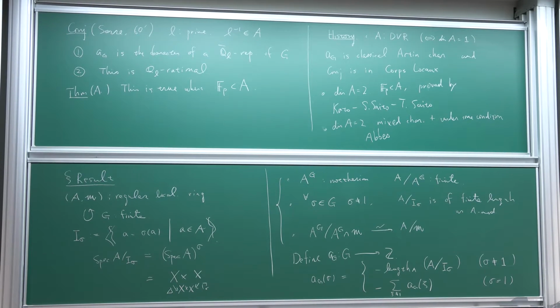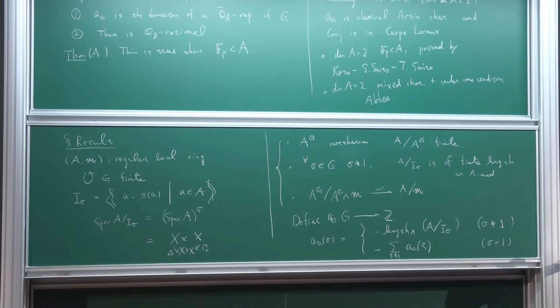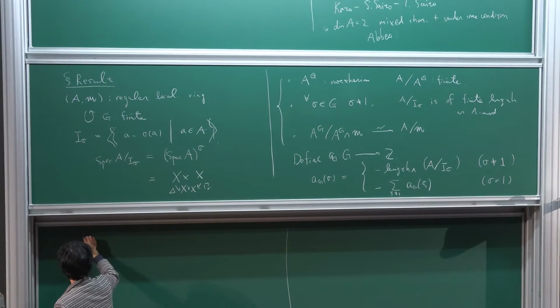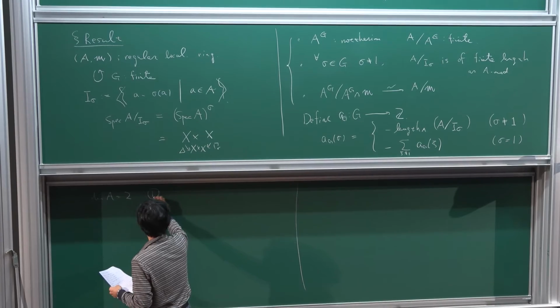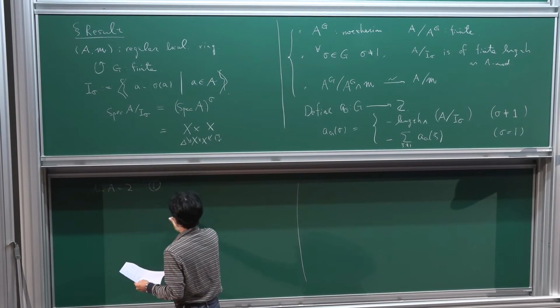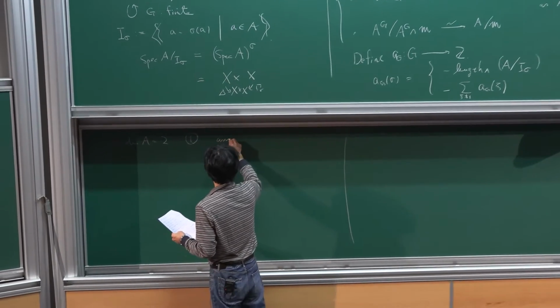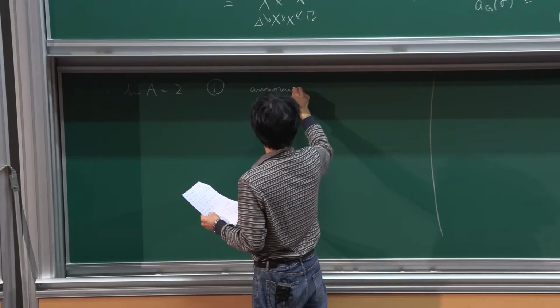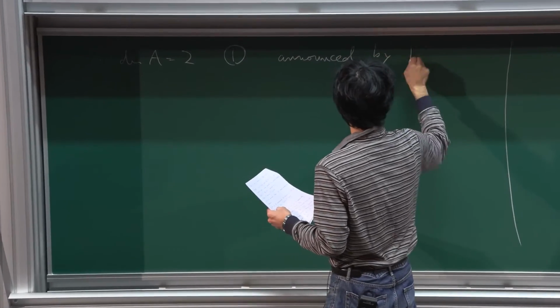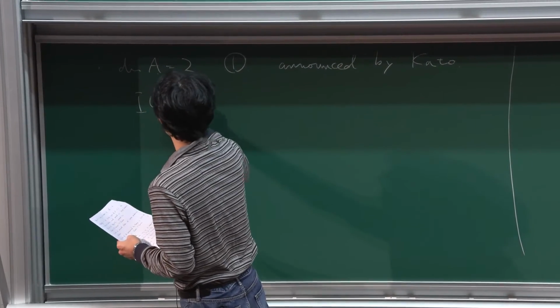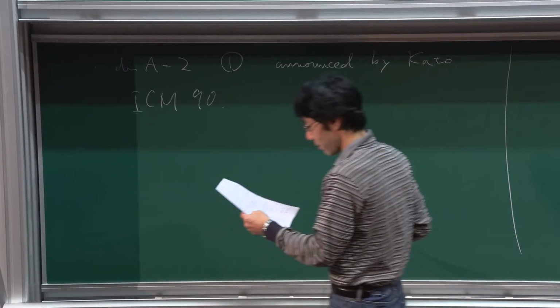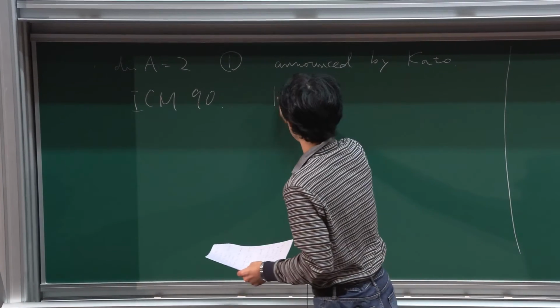And lastly, in the mixed characteristic situation, with dimension of A equal to 2, it is announced by Kato in his ICM address, but actually written down by Kato and Takeshi Saito.